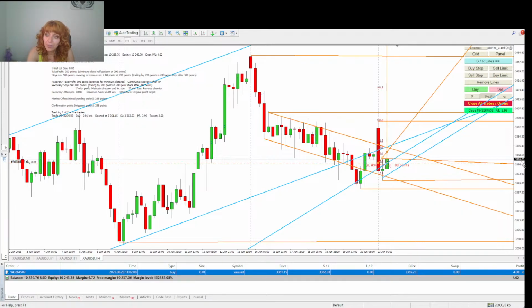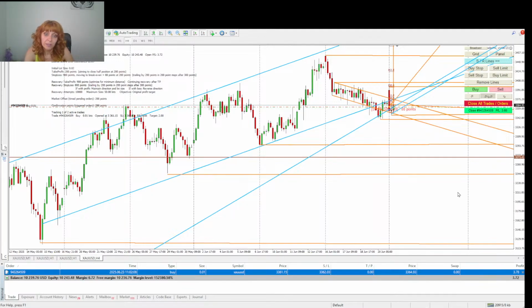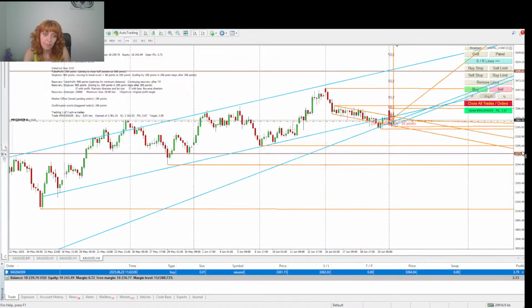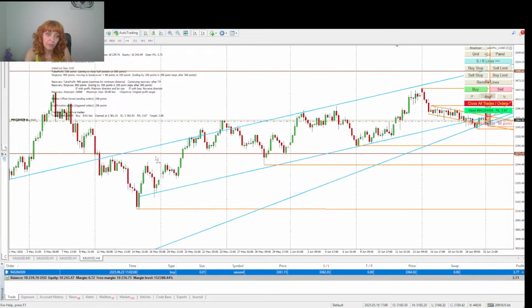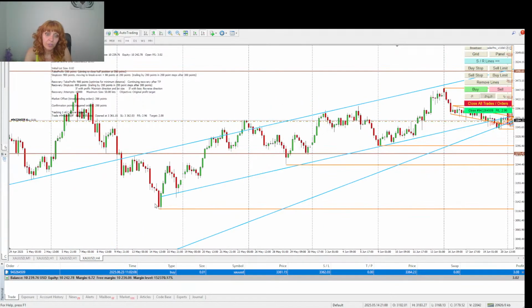Except it's been doing the same. You see, with this bottom too, I would love to see another bottom here and then turn around, and it might do the same here. It went up here too, and with those ones the same. It didn't give a bottom here either, it just turned around.